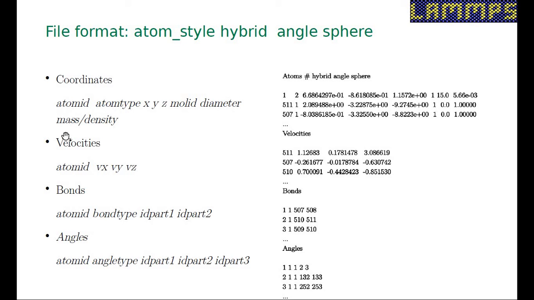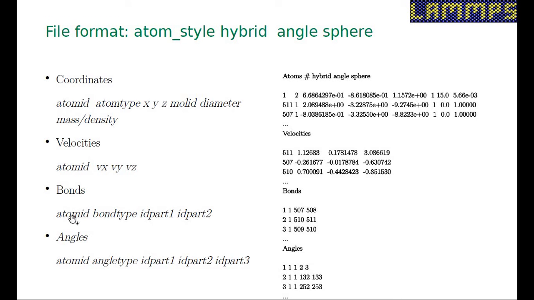Okay, next we need to include the velocities. So we need the atom ID and the Cartesian components of the velocity. We can include the angular components of velocity. In this case, the only component different from 0 is the component of this particle, the spherical particle, followed by the bonds: atom ID, bond type, ID particle 1, ID particle 2.